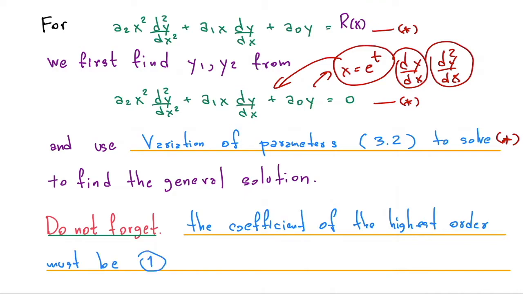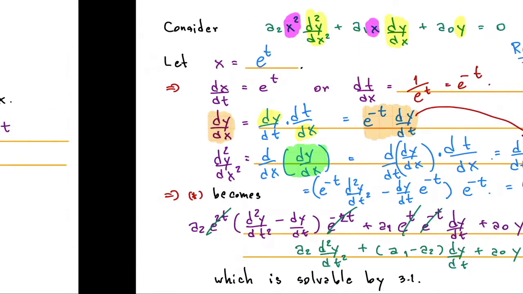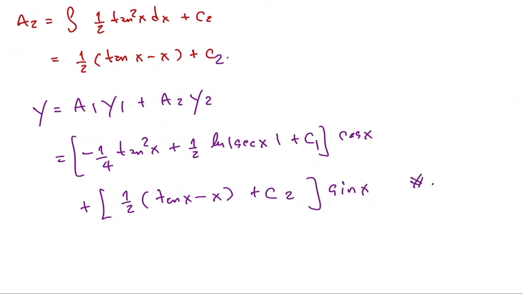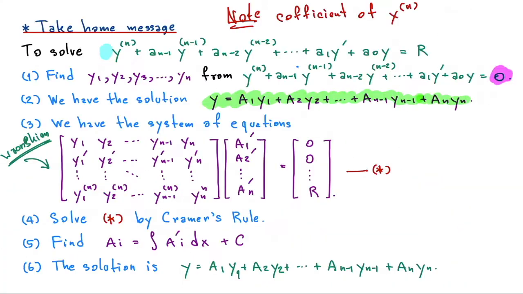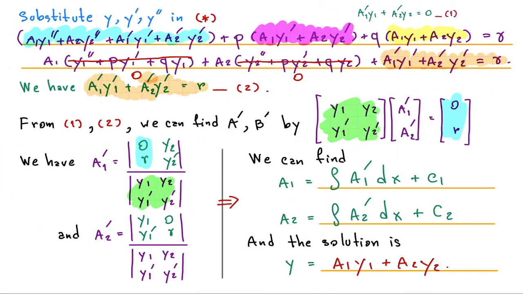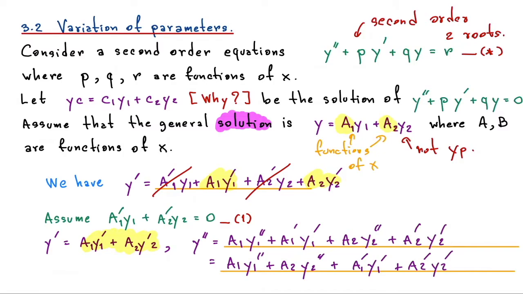Because if we go back to variation of parameters, we first look at this equation, and the coefficient here must be 1.